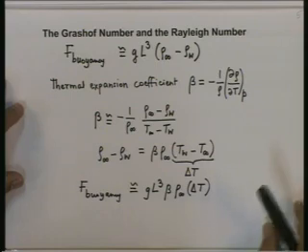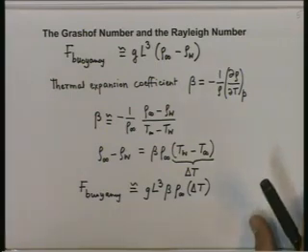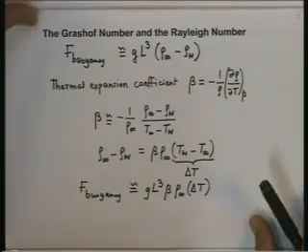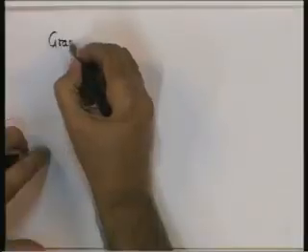Now, when you include this force of buoyancy and use the Buckingham pi theorem, you will get a dimensionless number which we will call the Grashof number.